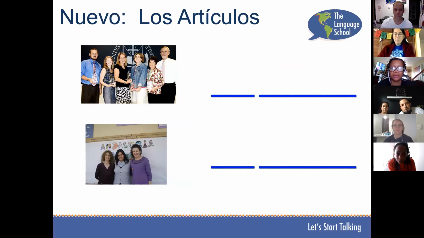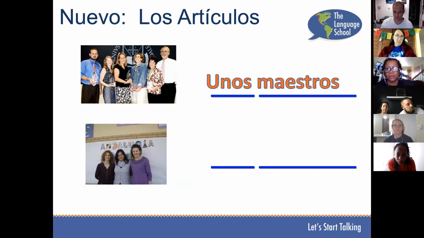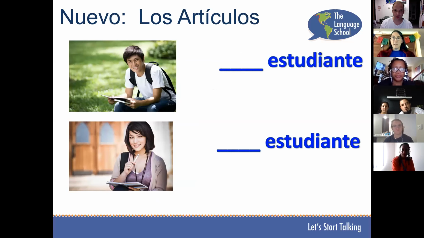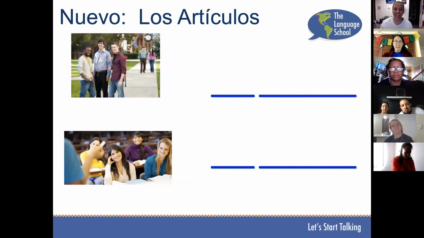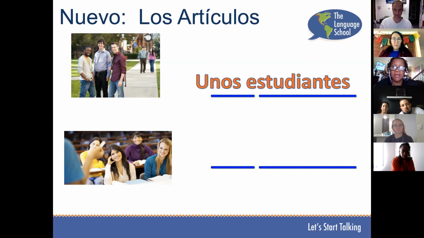Unos maestros and unas maestras. Muy bien. Emily. Un estudiante and una estudiante. Okay. Daisy. Unos estudiantes and unas estudiantes.